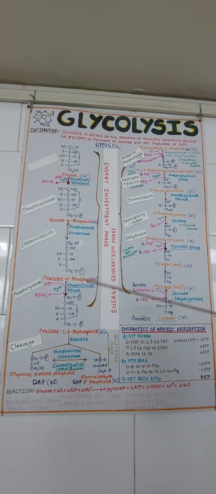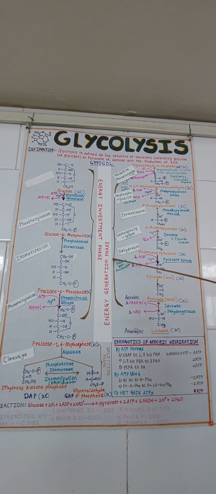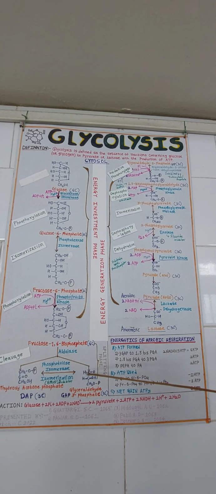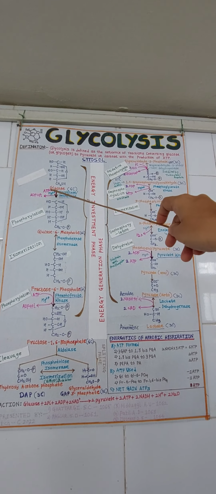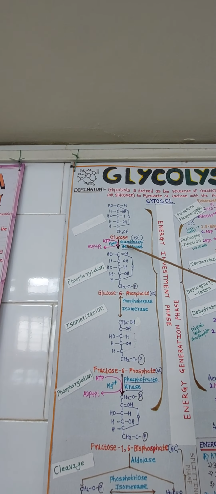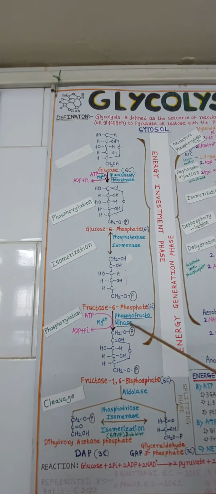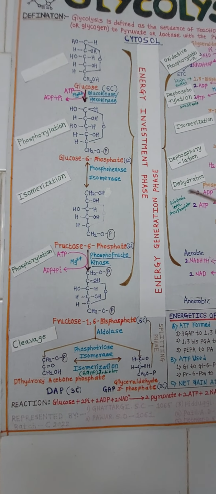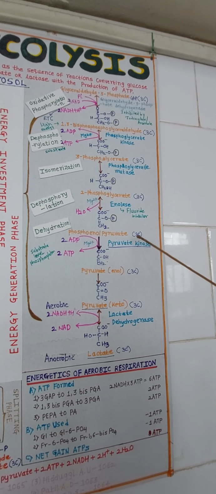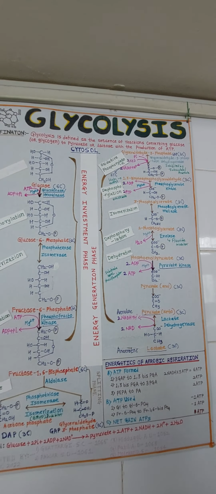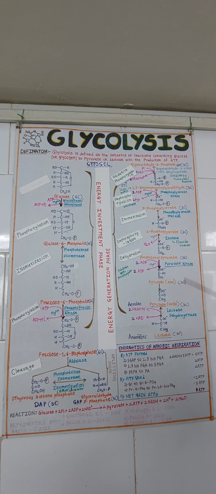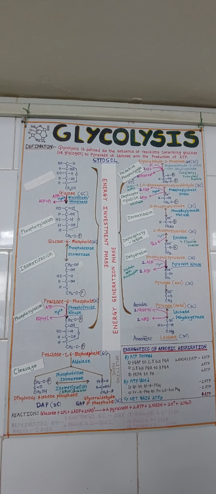So there are 3 phases: energy investment, splitting, energy generation, and there are total 10 steps, out of which 3 are where glucokinase hexokinase acts, where phosphofructokinase, PFK acts, and where pyruvate kinase acts. These 3 steps are irreversible, and the remaining 7 are reversible steps.